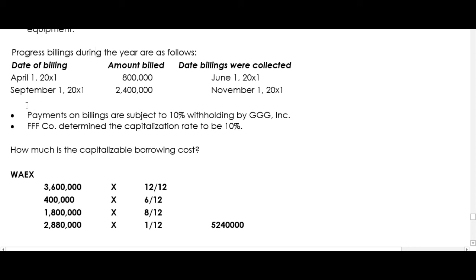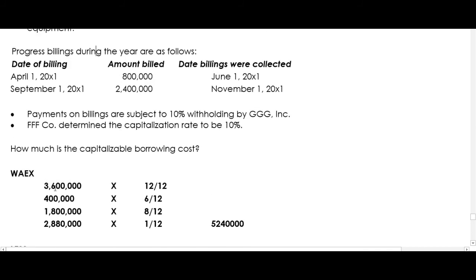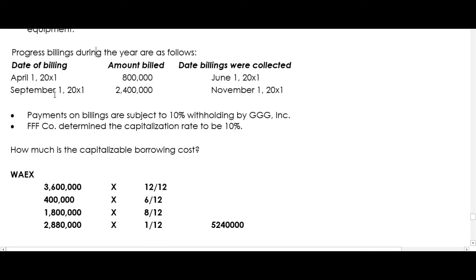So gagawin mo doon, yung April 1 na binil mo at 800,000 na na-receive mo noong June 1, after removing the 10% withholding, that's only 720. So 720 times 7/12. Tapos yung September naman, na billing na 2,400,000 na November 1, 20x1 mo na-receive, so 2 months lang siya nagamit.